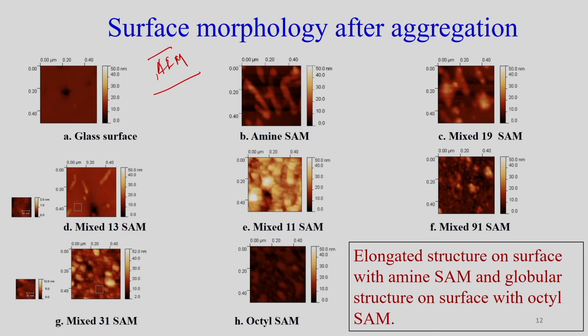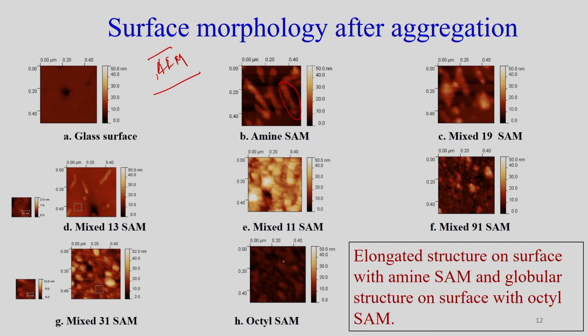So, it says at a highly hydrophilic surface there is the least adsorption. So, either the formation of aggregates is delayed or there is a very little amount of protein in the aggregate, while in case of amine SAM you can see the elongated structure.